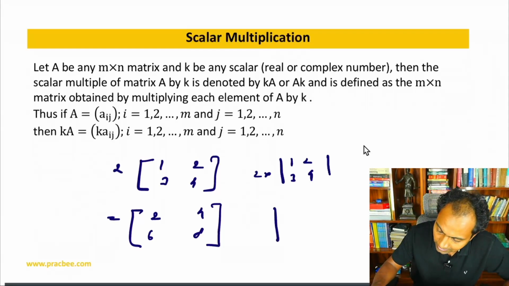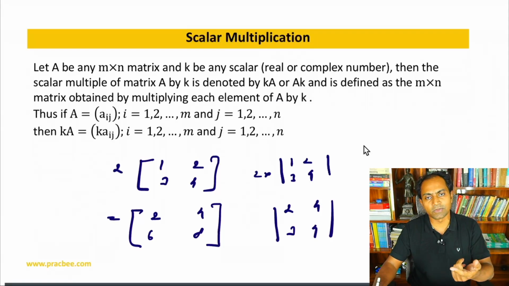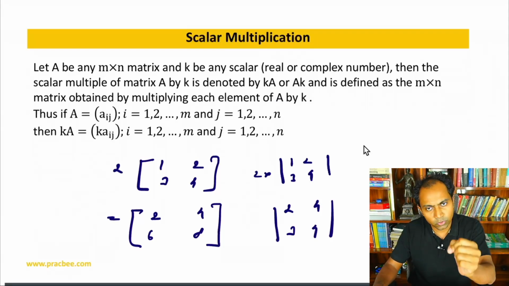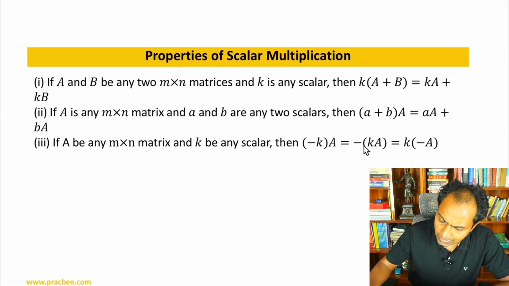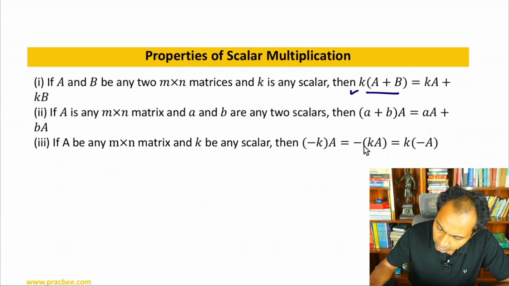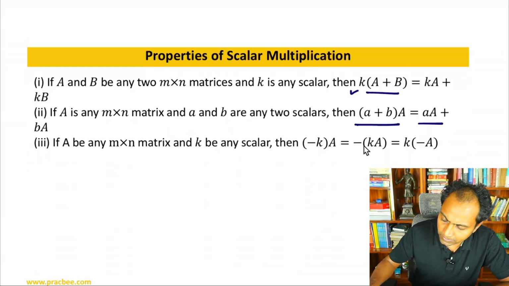So we can write it like this: 2, 4, 3, 4. Or we could have multiplied to some other row or column. This is a special distinction between scalar multiplication to a matrix and scalar multiplication to a determinant. Now, this scalar can be distributed in all possible manners. There is no problem in any of the cases.